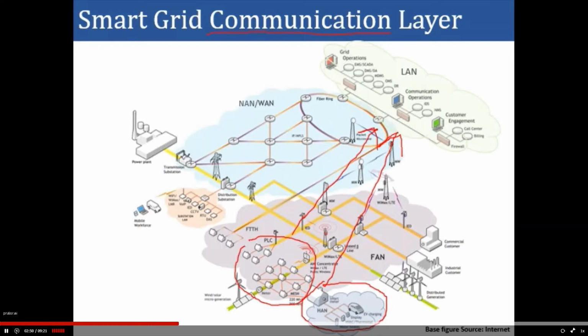So, what are the various technologies we use for communication? That also we discussed. For example, at house level, we utilize the house area network, and in the field, we use the field area network, and the wide area network and the neighborhood area network are utilized for longer distance communication.